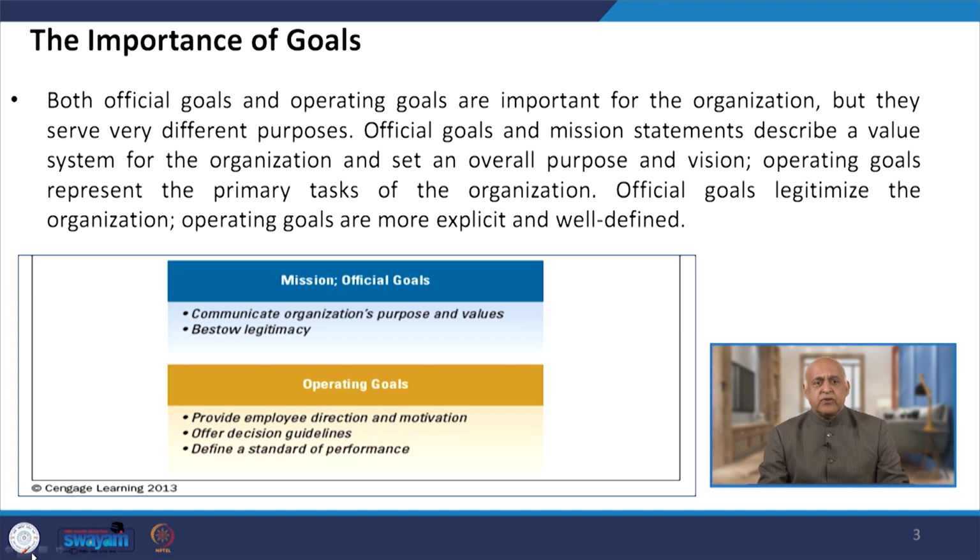The mission or official goals communicate the organization's purpose and values, and bestow legitimacy. Therefore the organization's recognition and goal will be decided by the mission or official goal.